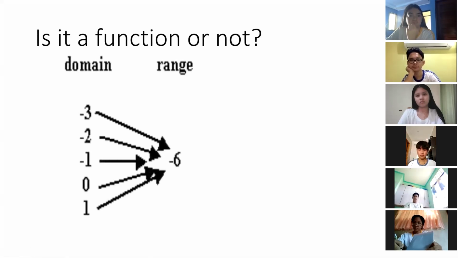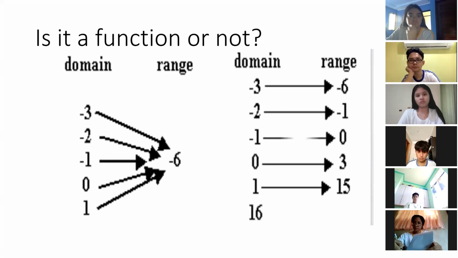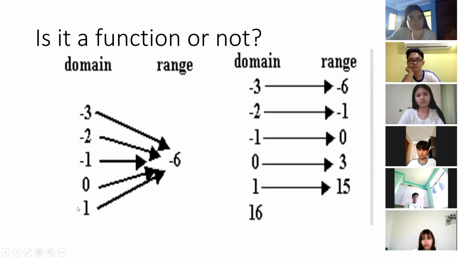Here is another set of domain and range values. The first set of domain and range to your left is a function. Notice that all the domain values 3, -3, -2, -1, 0, and 1 have the same value of y, which is -6.